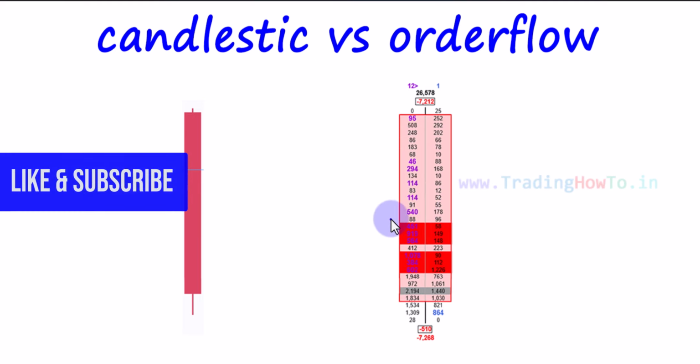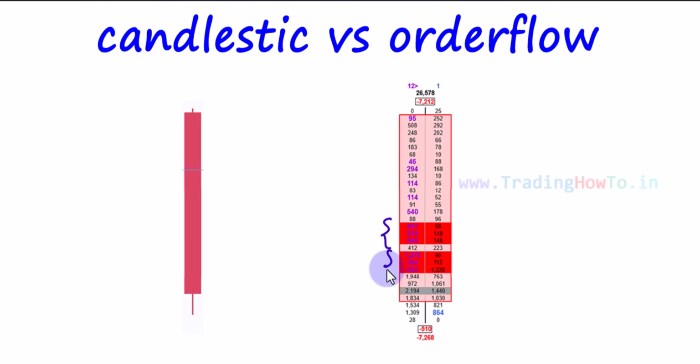You can see that some sections are colored red. These are called volume zones, and they are colored red because here we can see that 3 selling imbalances are together.